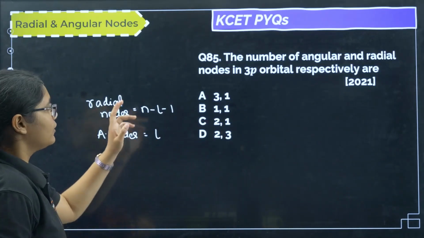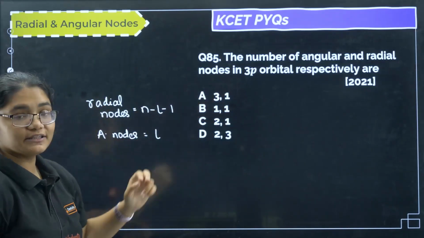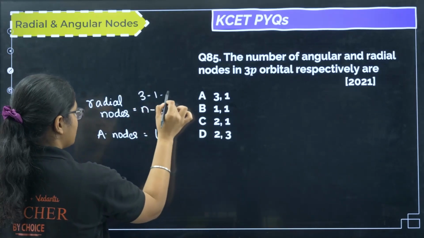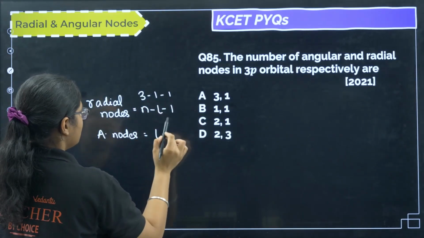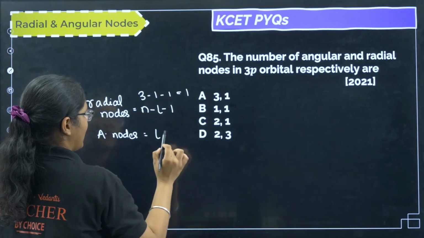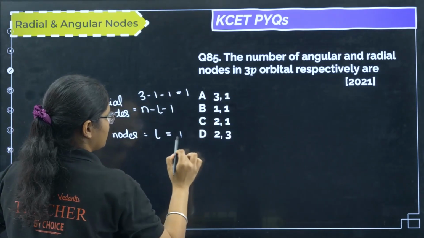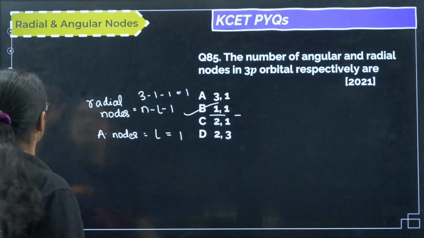Now 3p is there, n is equal to 3. p will be how much? s, p: 0, 1. So I have here 3 minus 1 minus 1, that is 1. So radial nodes are 1 and angular nodes is l, for p that is 1. So I have 1 and 1, that is option number B here.